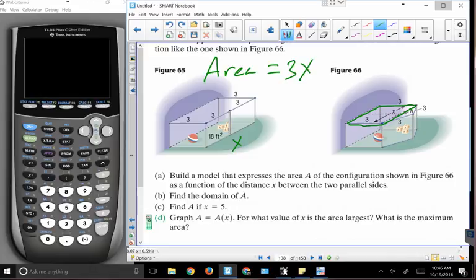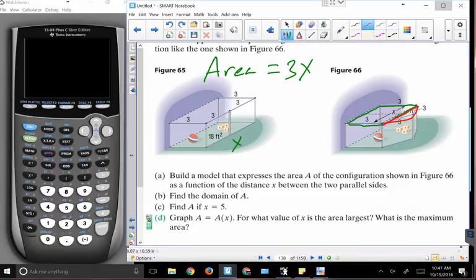Now, what about the triangular part? So we've got this piece that's here. If I want to find the area of that triangle, what would the area of the triangle be?